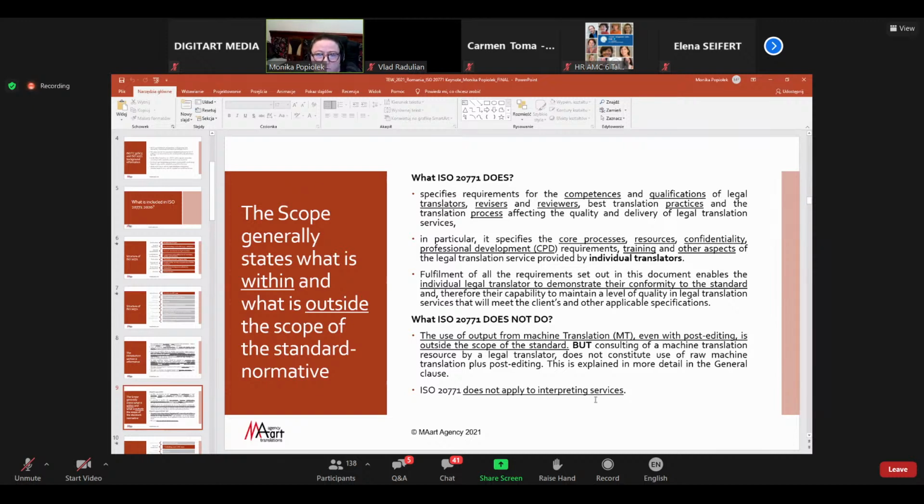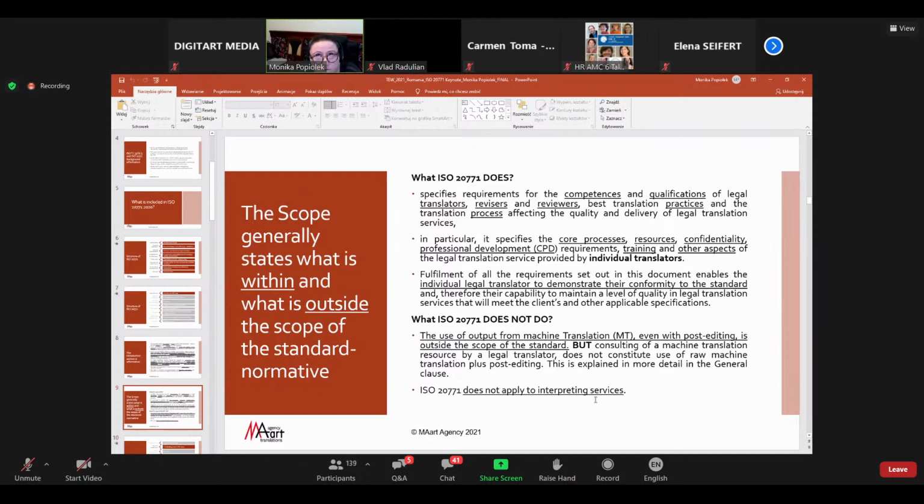So the scope also tells you what ISO 27701 does not do. And basically, to keep things simple, there are two things that it does not do. One is that we stated clearly that the use of output from machine translation, even with post-editing, is outside the scope of the standard.